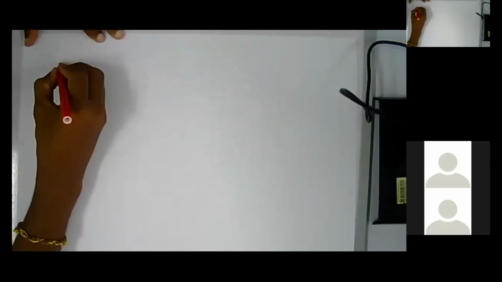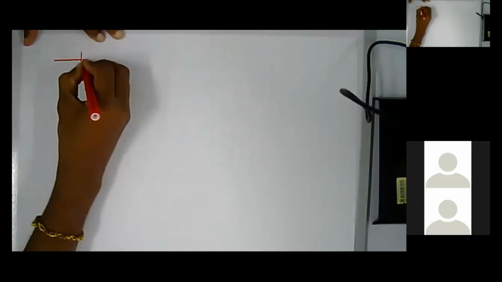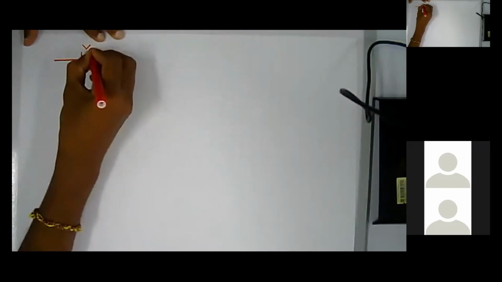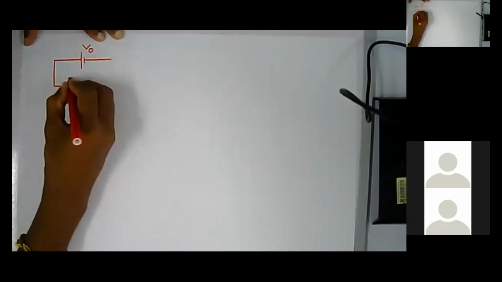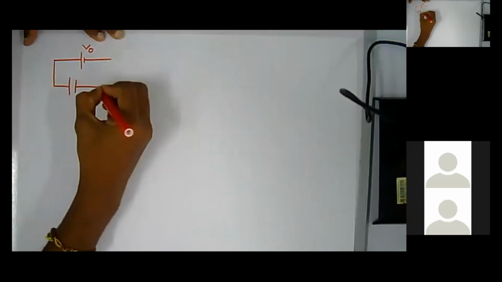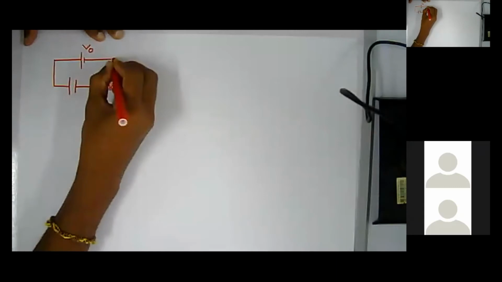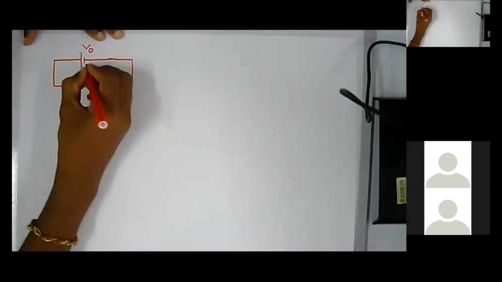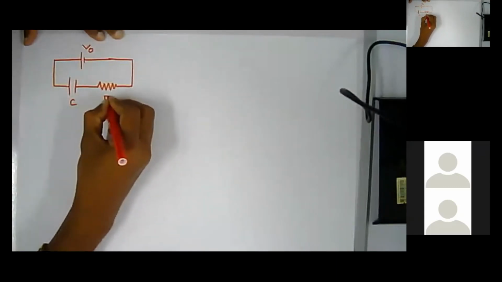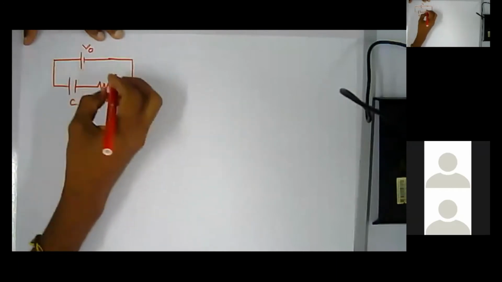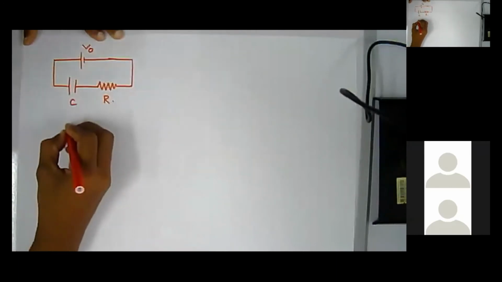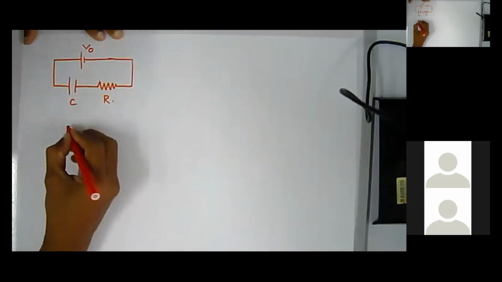Right, so let's see how the capacitor and inductor behave when they are connected to a circuit. Let me have a circuit with a battery V naught, a capacitor C, and then a resistor R. I can apply Kirchhoff's law.